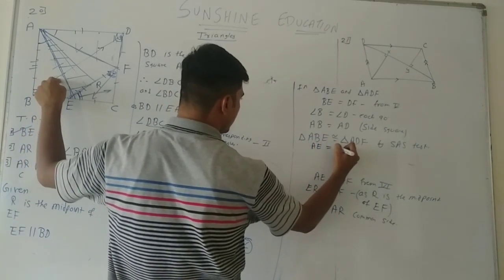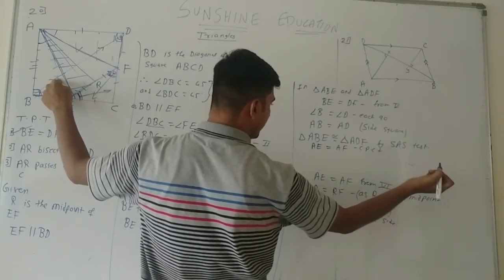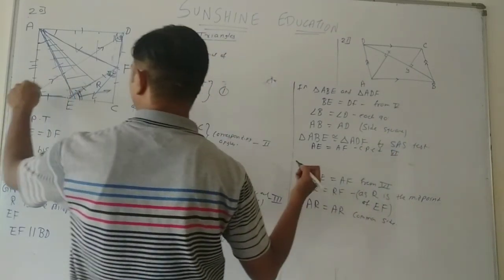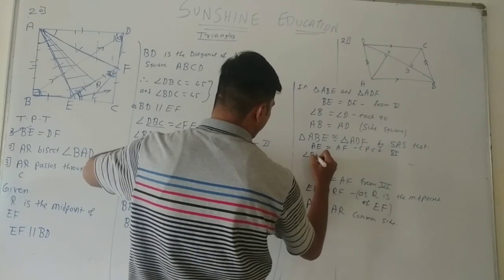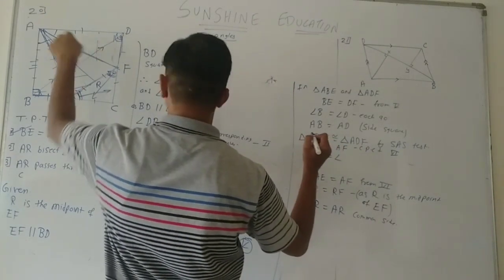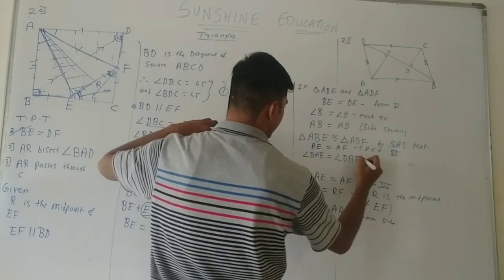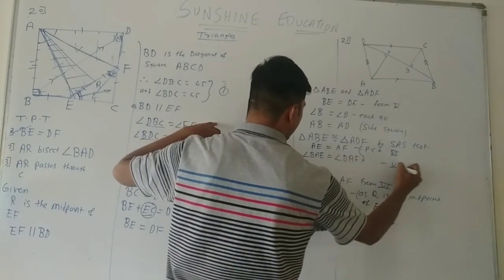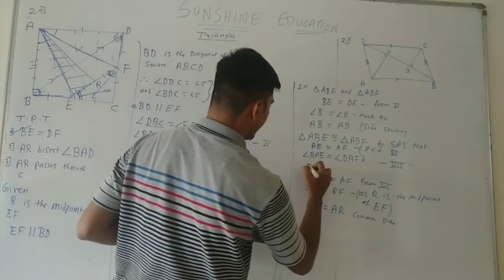AE is equal to AF, corresponding parts of congruent triangles, naming it as number 6, and angle BAE will be equal to DAF, same, corresponding parts of congruent triangles, I name this equation 7. This angle will be helpful for me, that's why I am writing it.